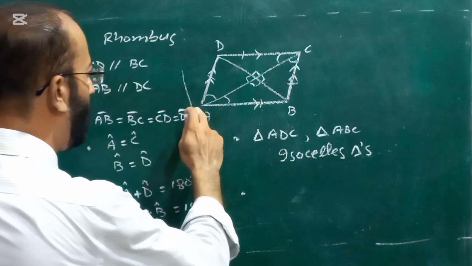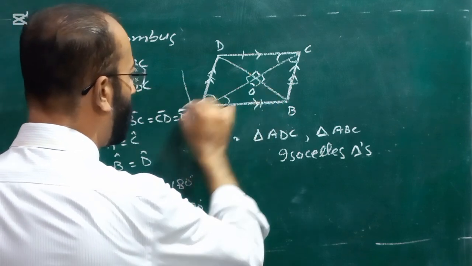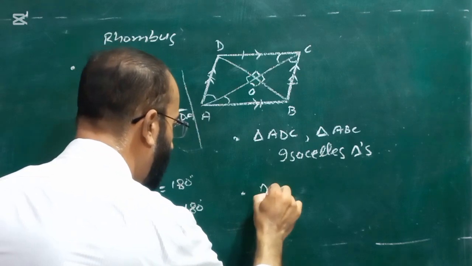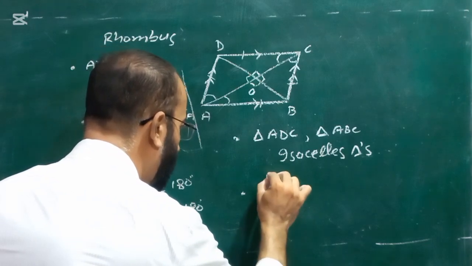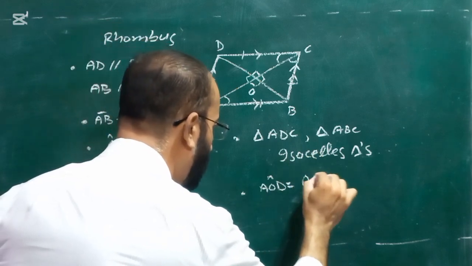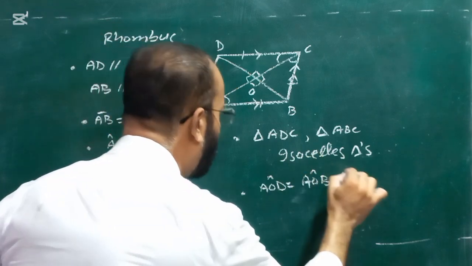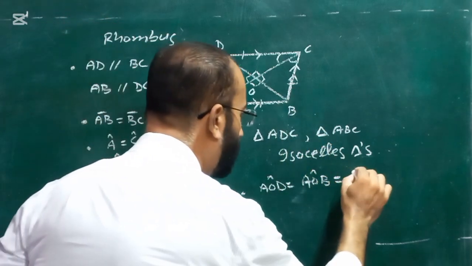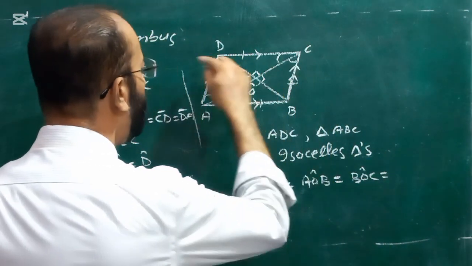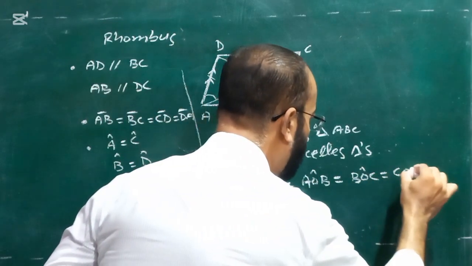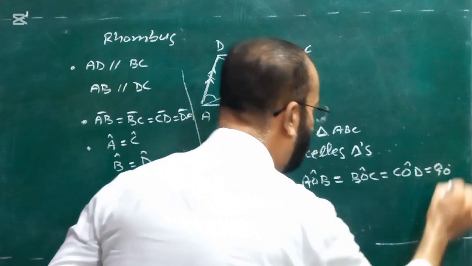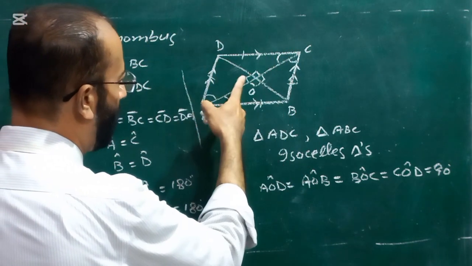So if they cut each other at O, then AOD, AOB, BOC and COD, all angles are 90 degrees because diagonals cut each other at 90 degrees.